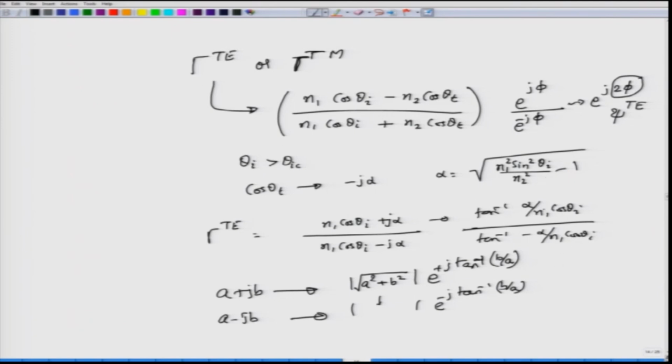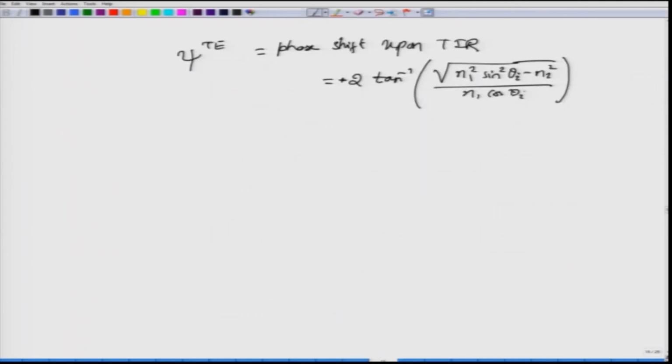So, tan inverse of A plus tan inverse of minus A, and then you can use all those formulas with them. Sorry, there is a minus sign here, not on the outside, and you can use those formulas and find out that the total phase shift for the transverse electric case will be this expression.